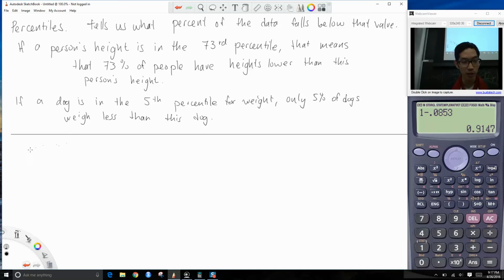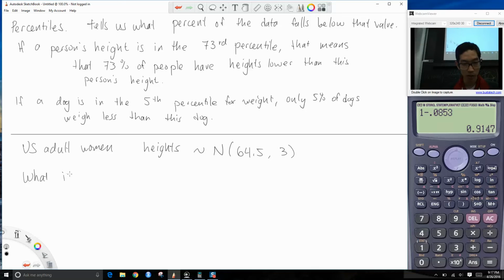Okay, so let's say for U.S. adult women, the heights follow a normal distribution with mean 64.5, standard deviation 3, okay? And I'm going to ask a question, and again, don't shout out your answer.